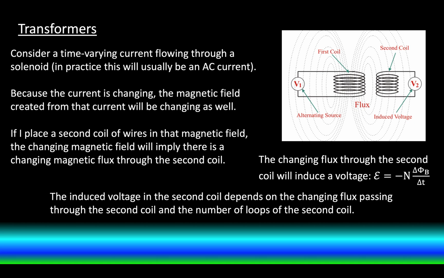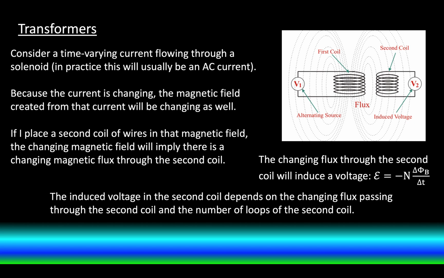But as a thought experiment, let's imagine if we could somehow magically take all of these magnetic field lines that pass through the loops of the first solenoid, and instead of having them spread out and fill the space surrounding the first solenoid, what if we could direct them so that they all pass through the second solenoid as well? Well, in that case, we would have a much greater rate of change of magnetic flux, and we could produce a lot more voltage.